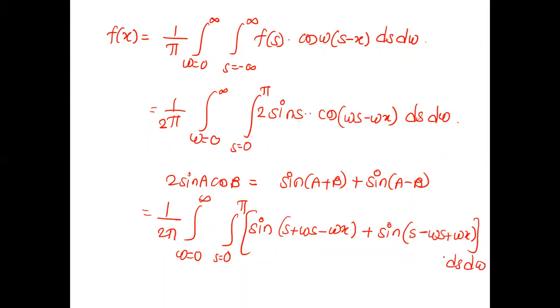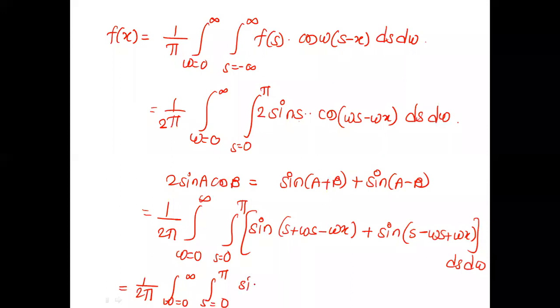But the integration here is with respect to s. These are the limits of s, means integration is with respect to s, right? So we should collect the terms of s together. What are the terms of s, not x, s.